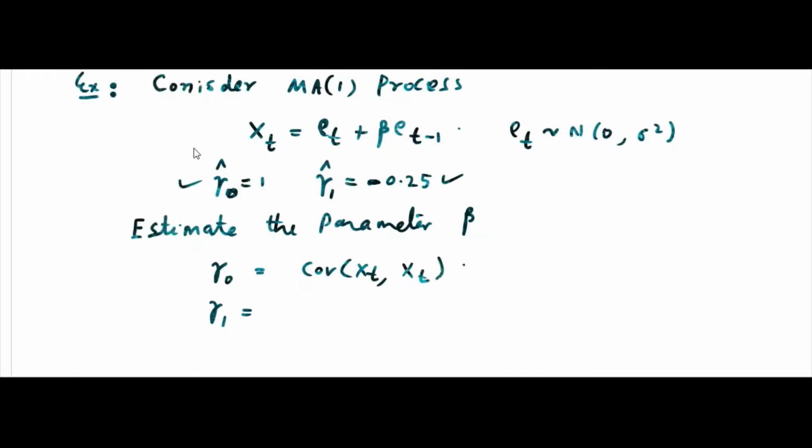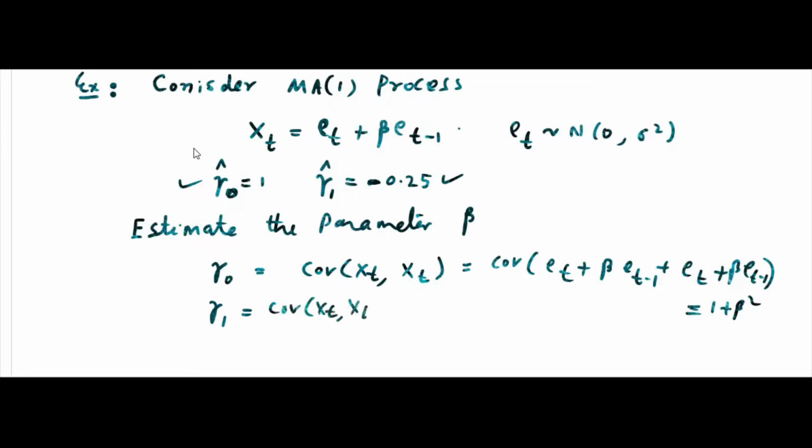You know how to find this. I am not going into details, but let me write one line anyway: Beta Et minus 1 plus Et times beta Et minus 1. We have already done this for MA1, and you will get 1 plus beta square here. And if you find the covariance with xt minus 1, you will get beta, if you remember.